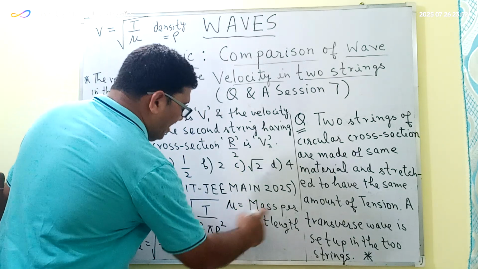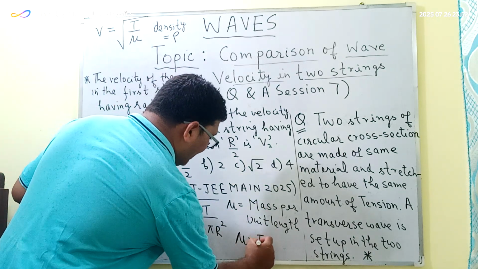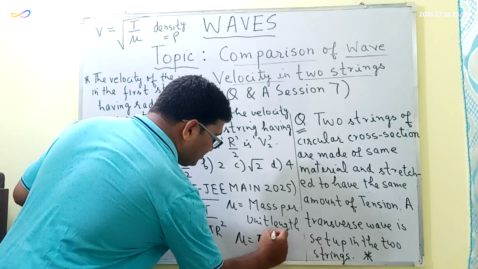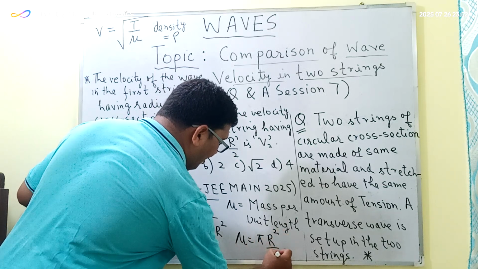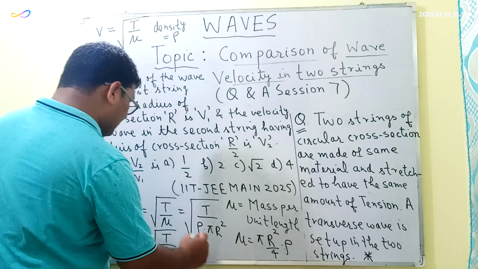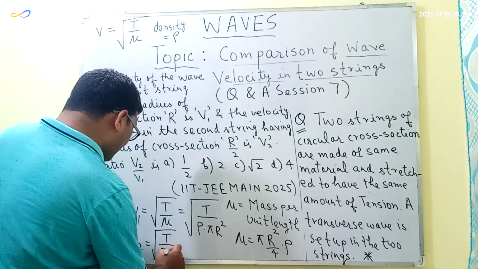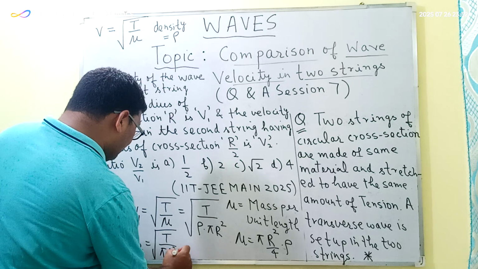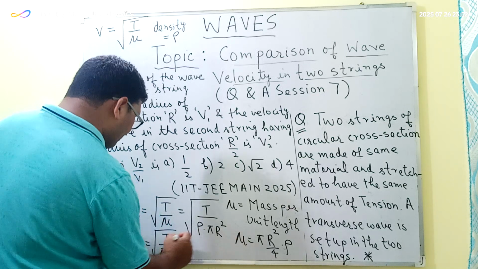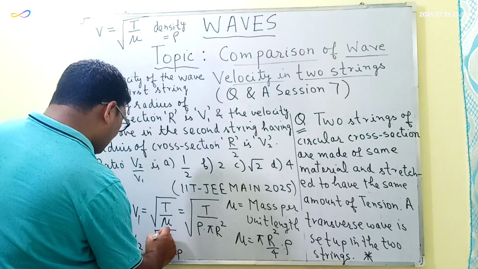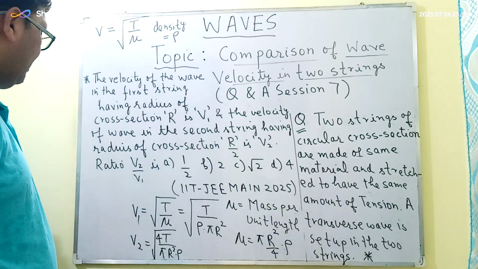So the mass per unit length will be equal to pi into r by 2 whole square, into density. So this is r square by 4 into density, that is, pi r square rho divided by 4.